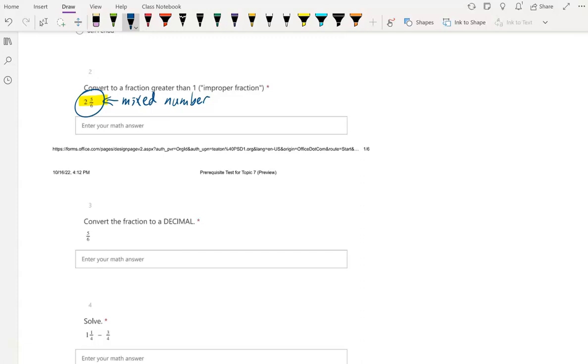So here we go. 2 5/6. Step 1. You are going to multiply the whole number times the denominator. So 2 times 6. The whole number multiplied by the denominator, that's your bottom number in the fraction. 2 times 6 is 12.